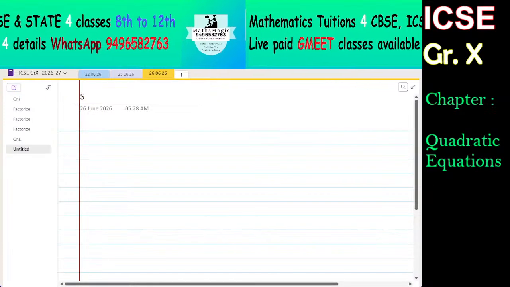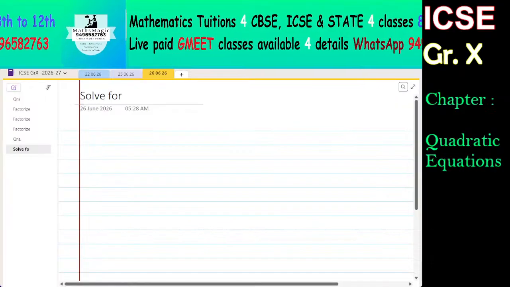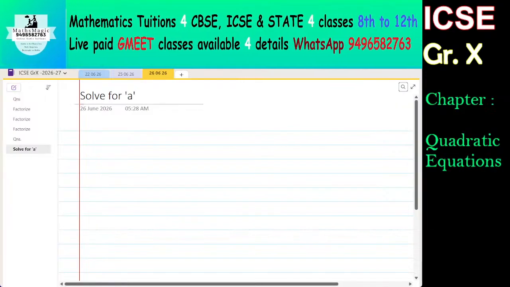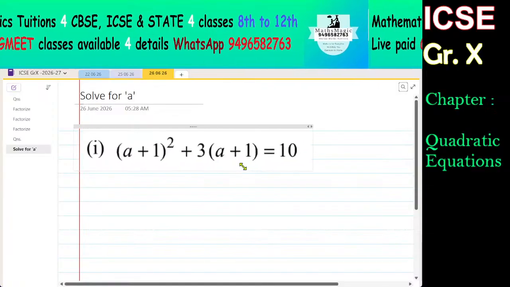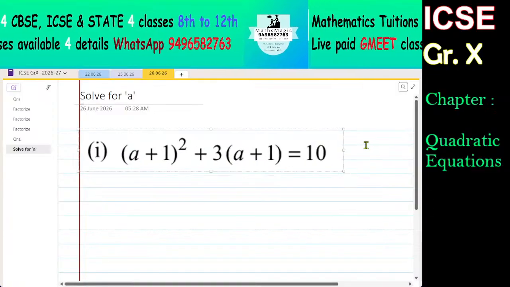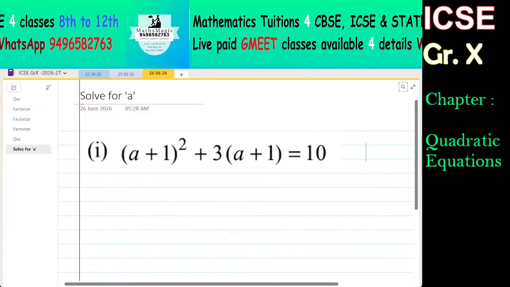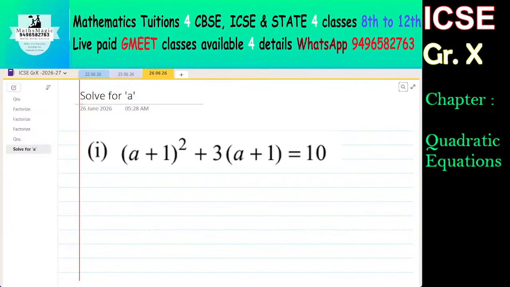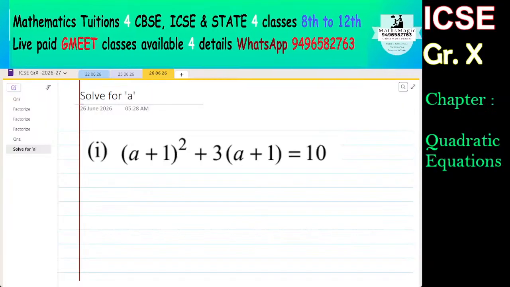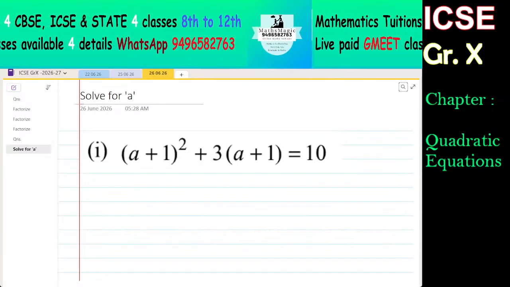So the first one is solve for (a plus 1) all squared plus 3 into (a plus 1) equals 10. And you will have different options for solving these types of questions.